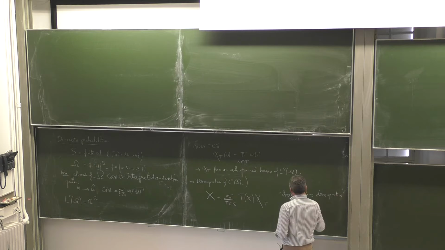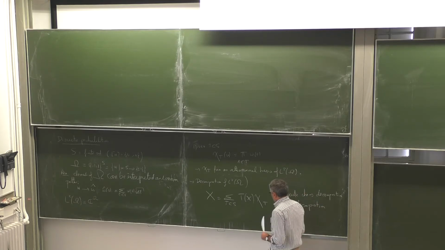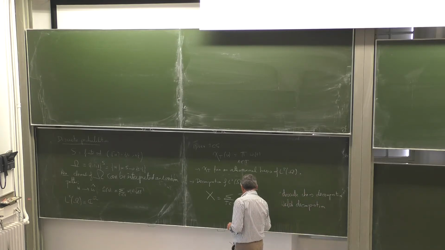It's also called in the literature the Walsh decomposition, and these are called the Walsh coefficients of X.